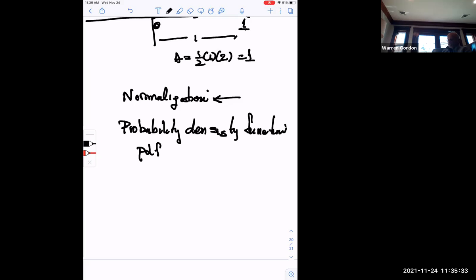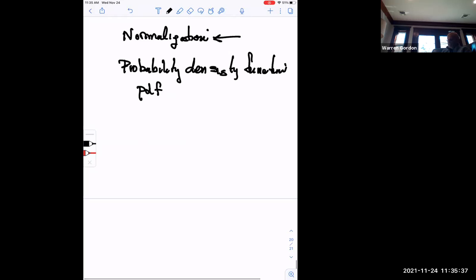PDF, not a portable document format. Okay. And it has the property that it's a non-negative function. And the total area under this curve, a and b could be infinity and minus infinity, must be 1.